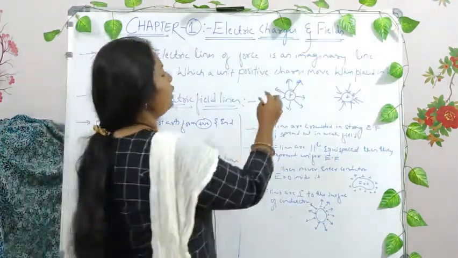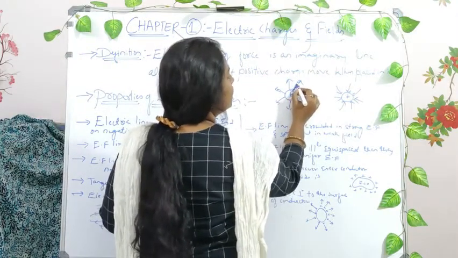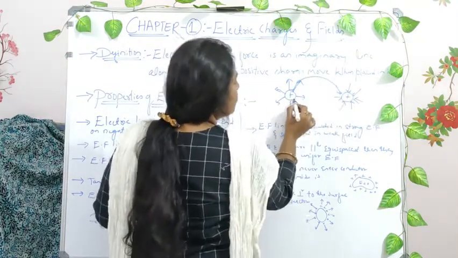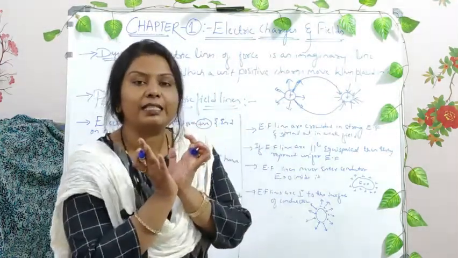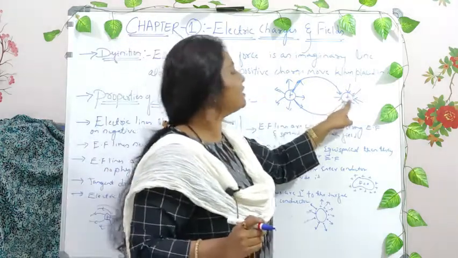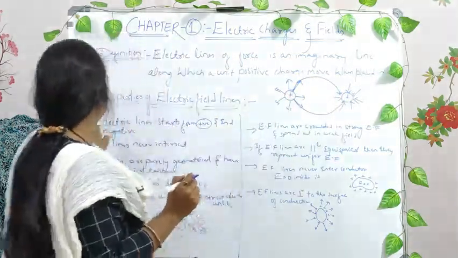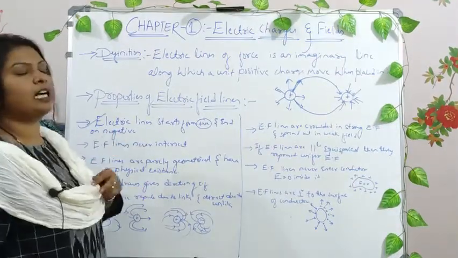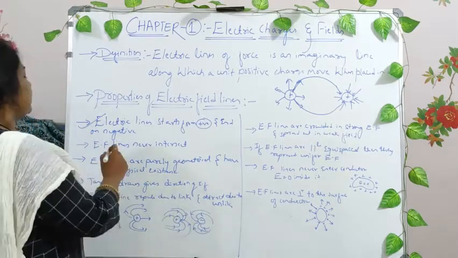So whenever you have positive and negative charges, the field lines start from positive and end on negative. Whenever there is a positive charge, the lines move outwards, and whenever there is a negative charge, the lines move into the charge, right? Hence the first property says electric lines start from positive and end on negative. Next property.